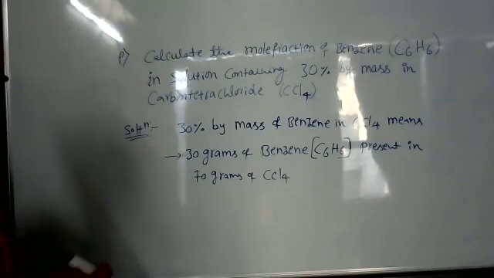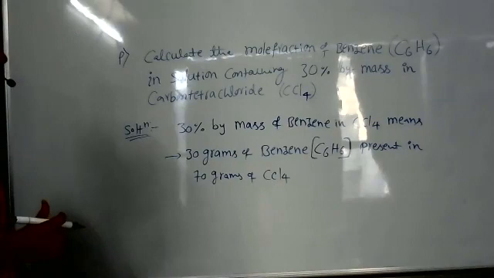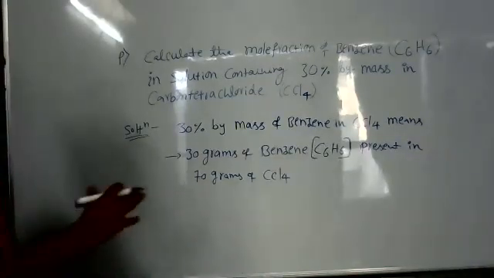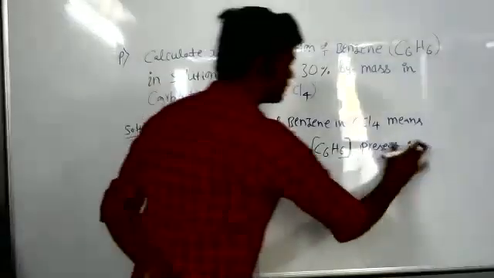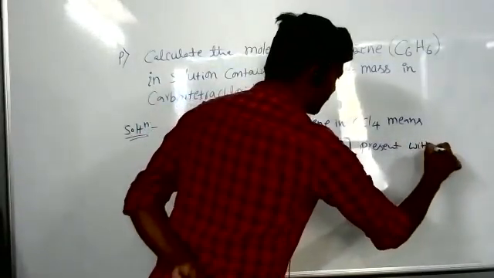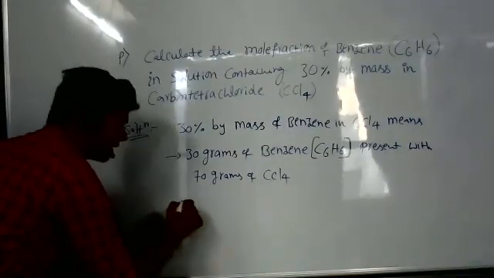It will be present with it, not in it. It's a mixture, right? Yes. Present with 70 grams of carbon tetrachloride. So here calculate number of moles of benzene.